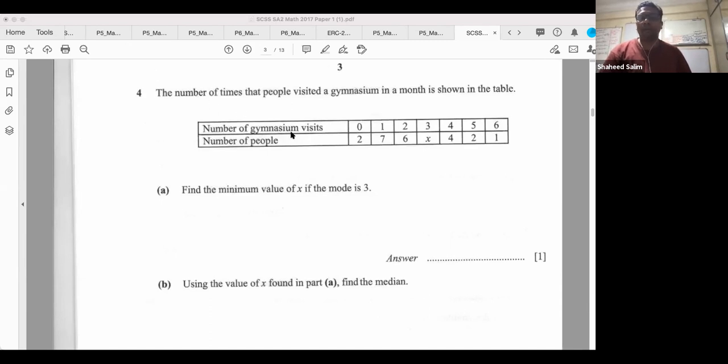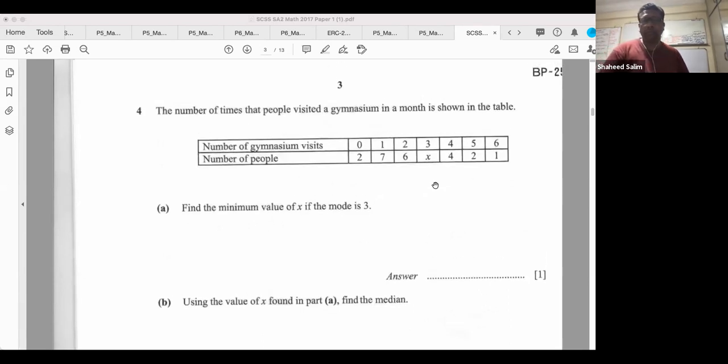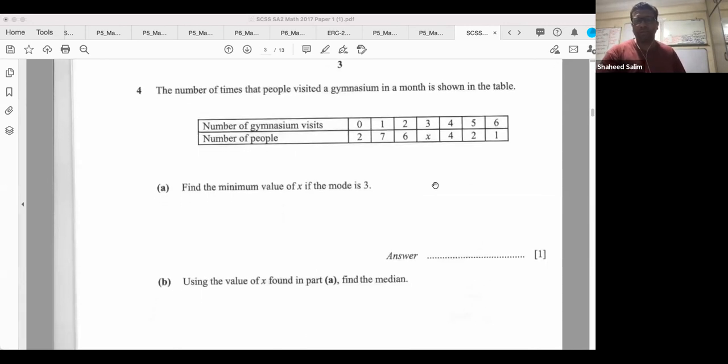Let us see. Did they give us any more information? How do we know? Did they give any other information? Yeah, I think there's something lacking here.